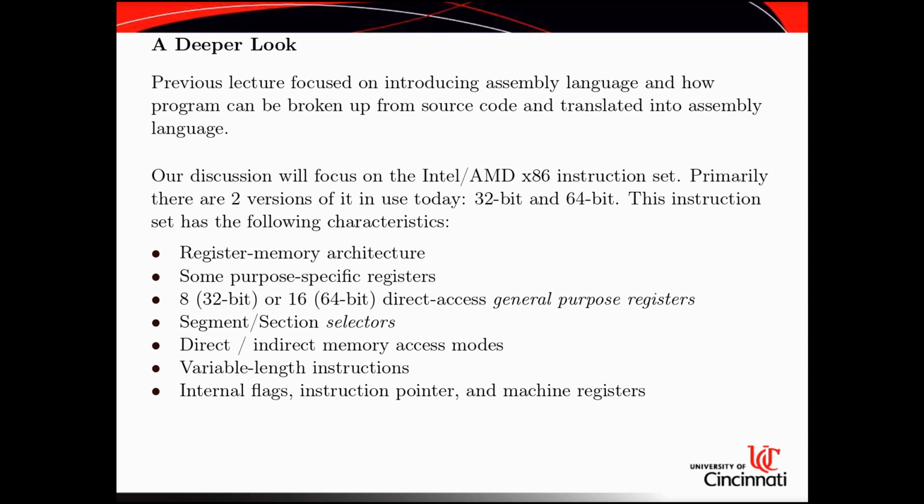You have what's called direct and indirect memory access modes. So this is where you can address memory, so you can refer to data that's in memory, either by giving it a numeric address.